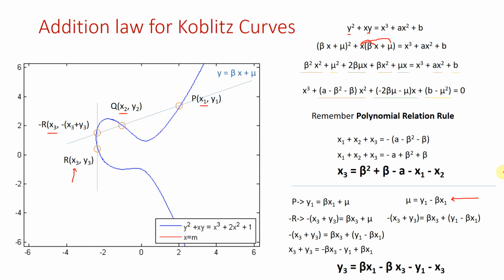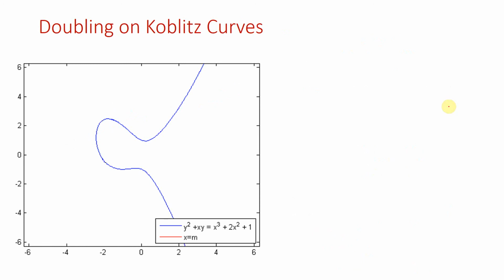Actually, for this case, I mean that p and q are different points. I need to find the slope, which is equal to y1 minus y2 over x1 minus x2, just like in the Weierstrass transform. But if doubling exists, I need to find the derivative again.